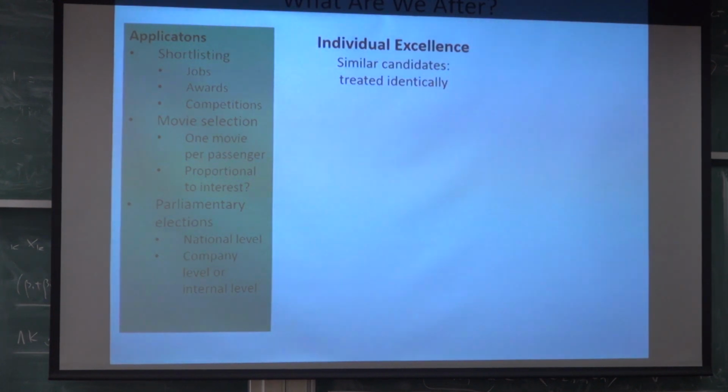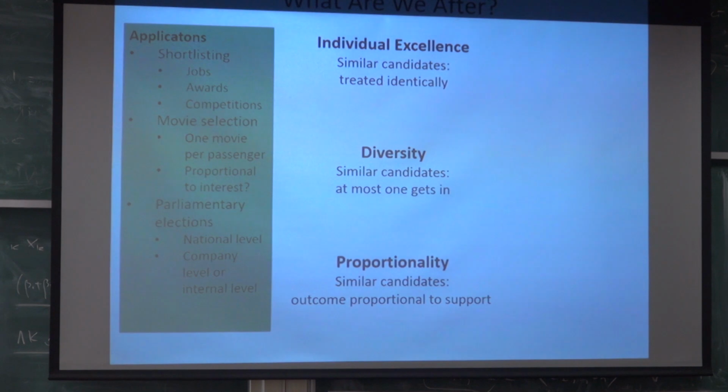So we distilled from this 3 idealized goals. One is called individual excellence, and this was the case of shortlisting, so similar candidates should be treated identically. Diversity: of similar candidates, at most 1 gets in, because we want a diverse set of guys in. And proportionality, where similar candidates get in depending on how much support they have. This is what we distilled from observing what multi-winner rules can be good for.